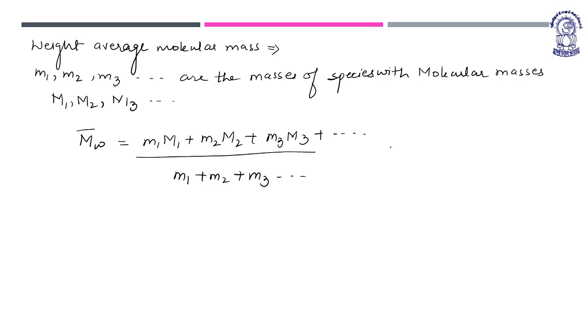It can be written as sigma mi Mi upon sigma mi. The given weight can be related to the molecular weight by multiplying it with the number of molecules, that is Avogadro number in simple saying.